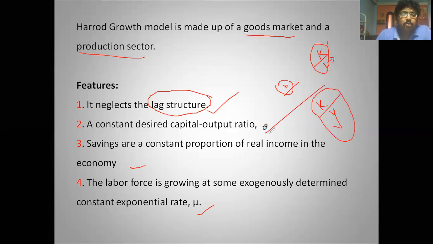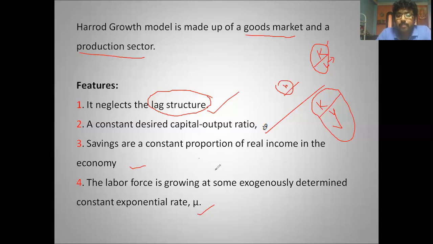Okay. Now there is another assumption, that savings are a constant proportion of real income in the economy. Here you can remember the permanent income hypothesis. What is the permanent income hypothesis? According to the permanent income hypothesis, income is a function of permanent income only. And income has two parts: one is the permanent income part and another is the transitory income part.